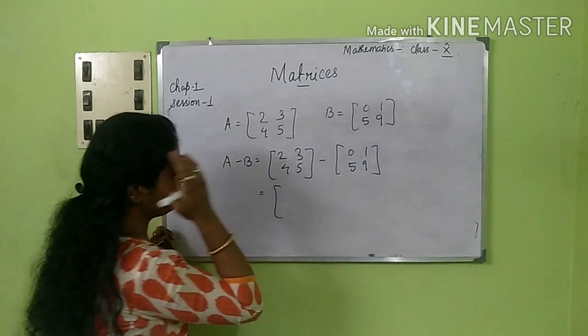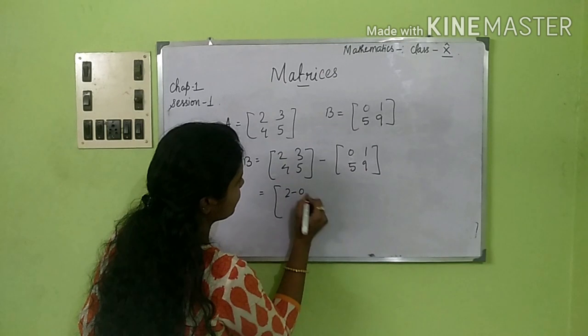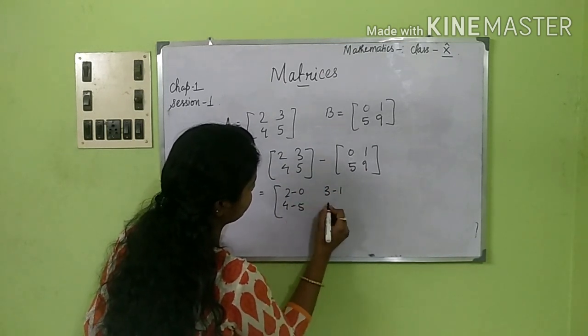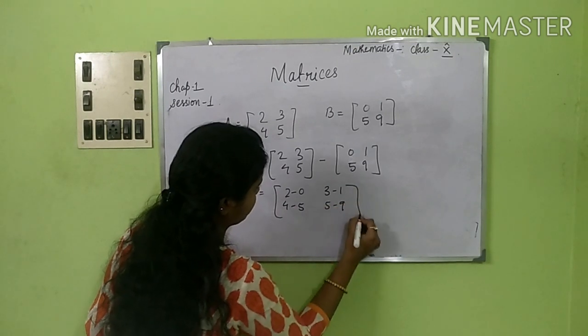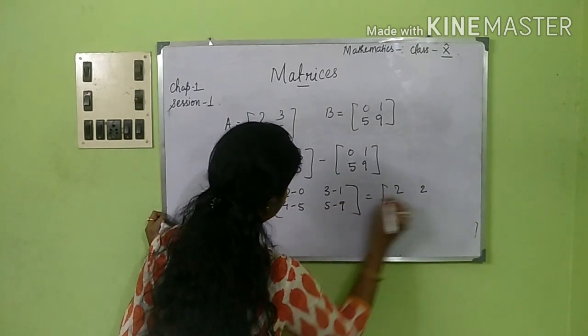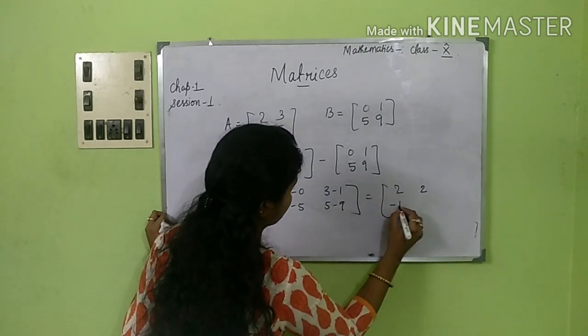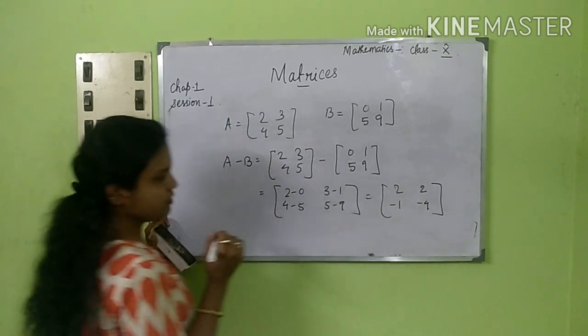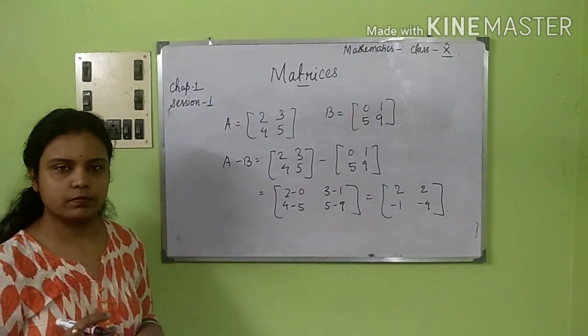You are going to do it the same way, 2 minus 0, 3 minus 1, 4 minus 5, 5 minus 9. So 2 minus 0 is 2, 3 minus 1 is 2, 4 minus 5 is minus 1, 5 minus 9 is minus 4. So this is the value of A minus B.